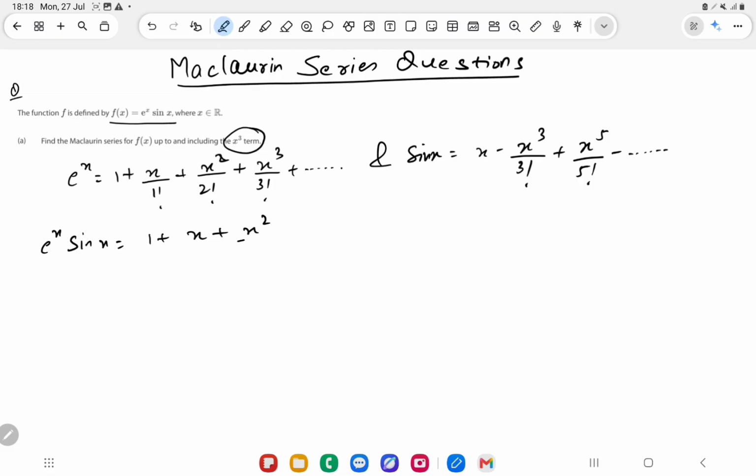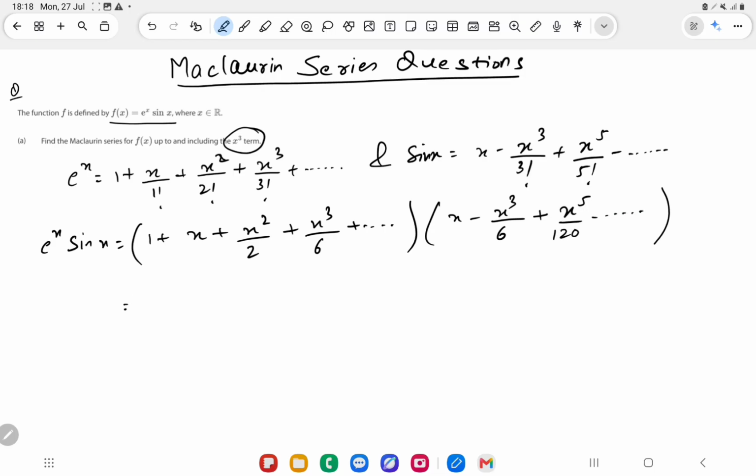So I will simplify this and then write 1 plus x plus x square by 2 plus x cube by 6, multiplied by x minus x cube by 6 plus x to the power 5 over 120 and so on. Since I need up to x cube, I will start by multiplying the 1 with the bracket.